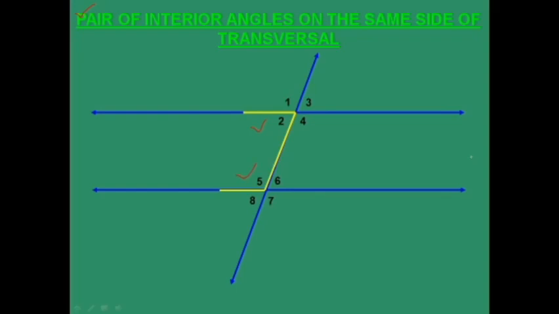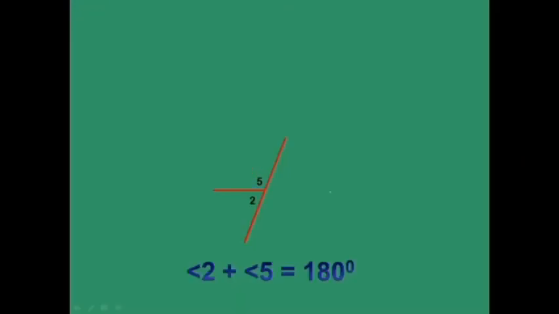So angles 2 and 5 are interior angles and their sum is always 180 degrees, meaning they are supplementary. The sum of the measures of angle 2 and angle 5 is 180 degrees, so these two angles are supplementary. So the sum of interior angles on the same side of the transversal is always supplementary.